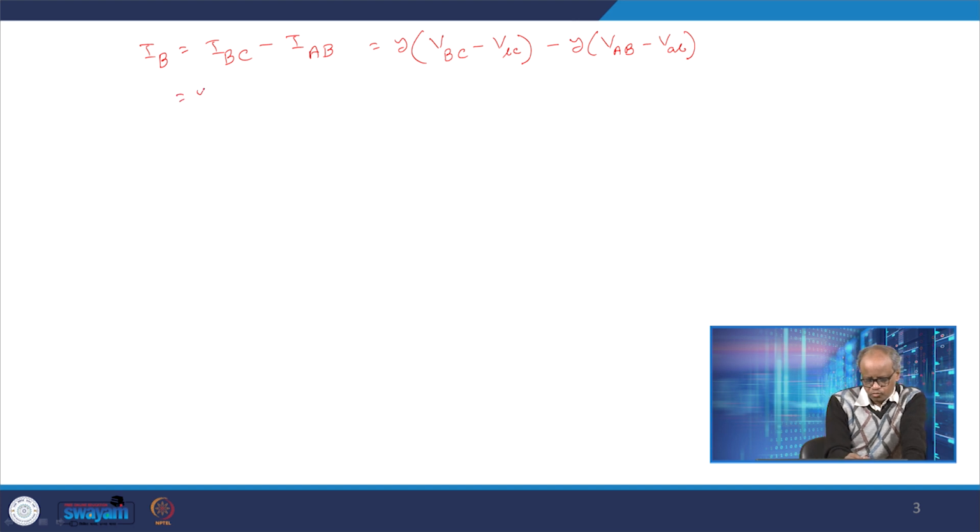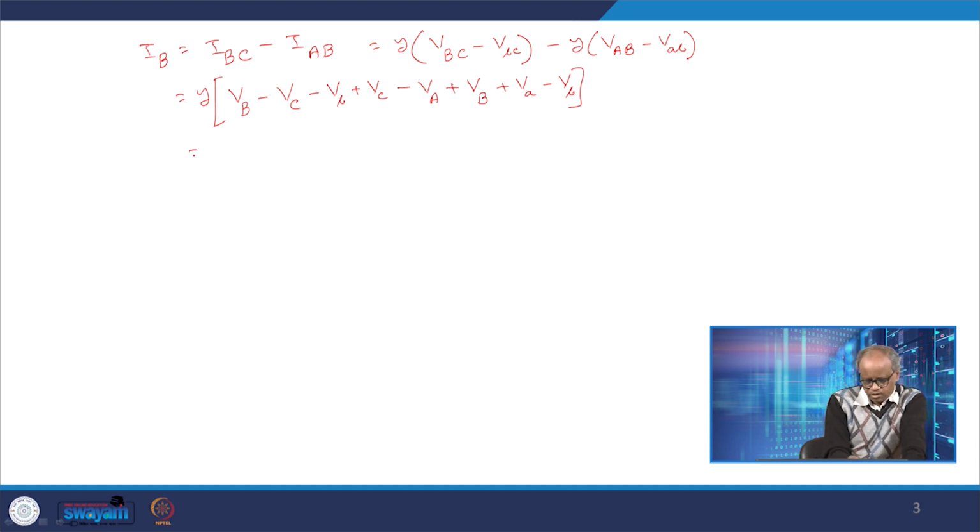So therefore, let us take Y common. So VB minus V capital C minus V small c plus V small c, and then minus V capital A, then minus also plus V capital B, then this is also minus, so plus V small a, and this is minus and plus minus, so minus V small b.